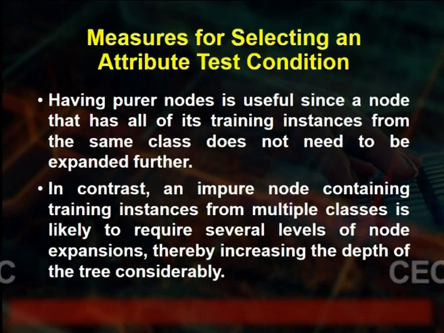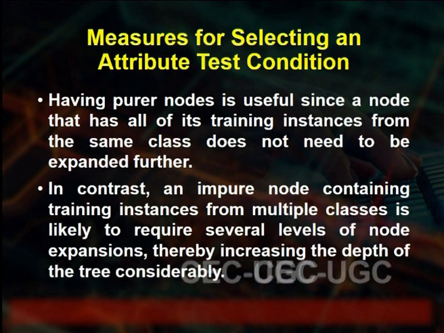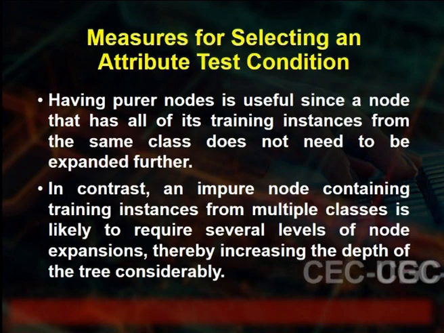Purer subsets are useful because when a node has all of its training instances from the same class, it will not need to be expanded further. Whereas if it is an impure node which contains training instances from multiple classes, then it will require several levels of node expansion.